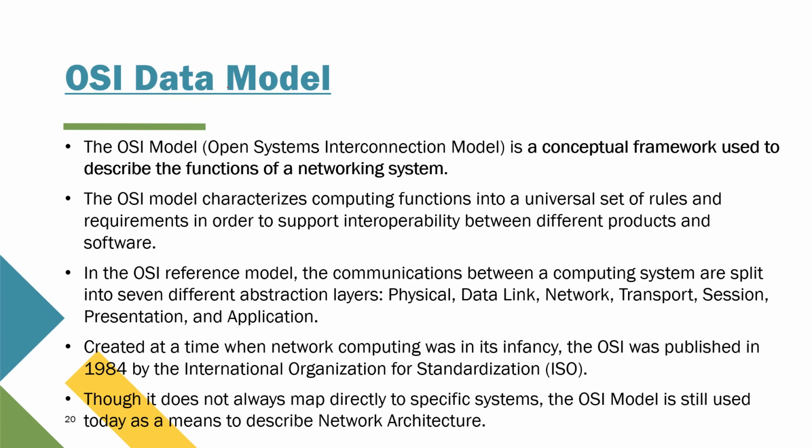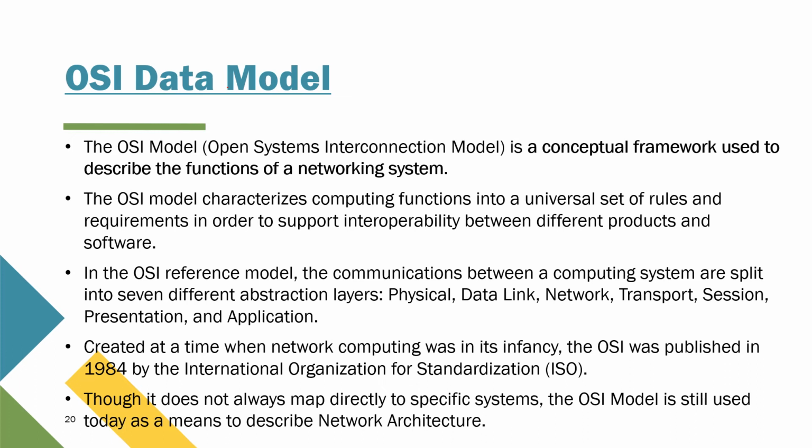It is a conceptual framework used to describe the function of a networking system. The OSI model characterizes the computing function into a universal set of rules and requirements, so that it can support interoperability between different products and software. There are 7 layers, which are physical, data link, network, transport, session, presentation, and application. The OSI data model has been used for a long time.